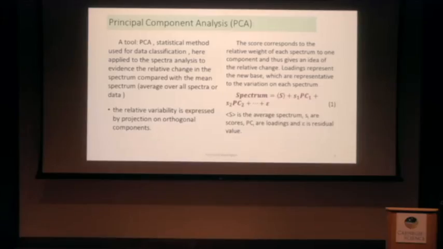And principal components give an idea about the variability of a spectrum. Here, S1 or S2 are the contributions of the spectrum to each principal component. S's are called scores or weights of the principal components.